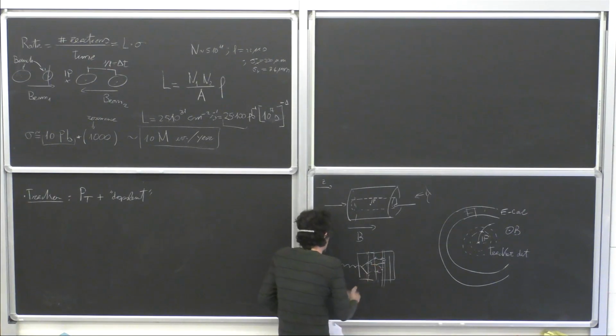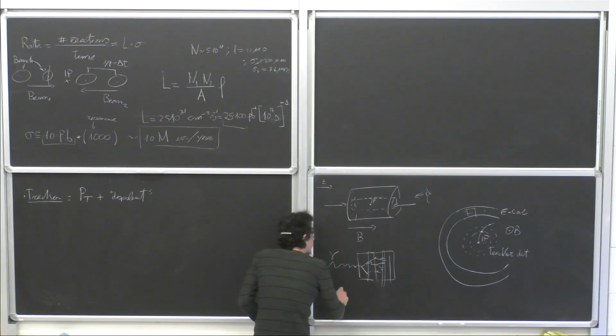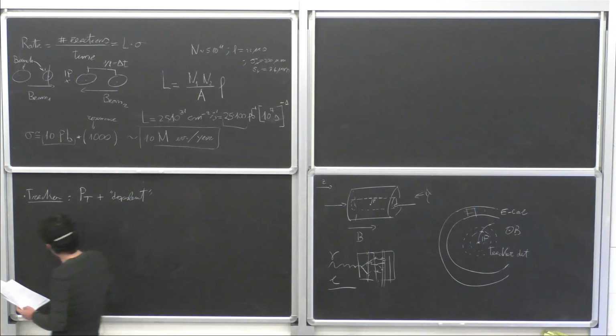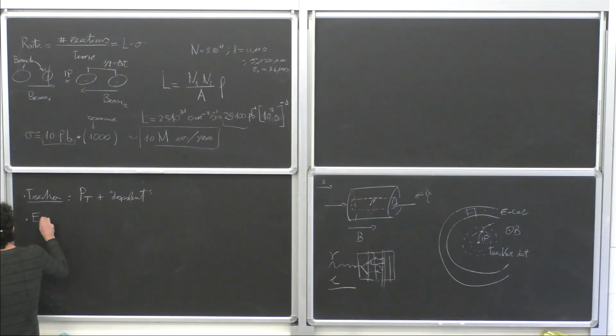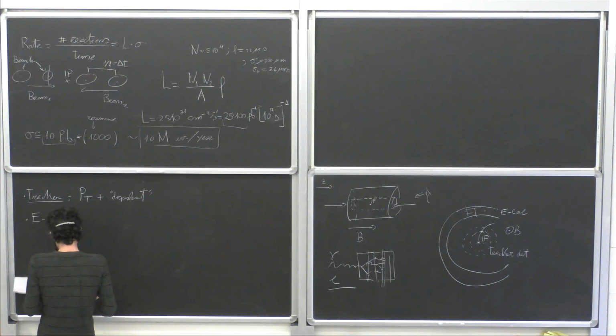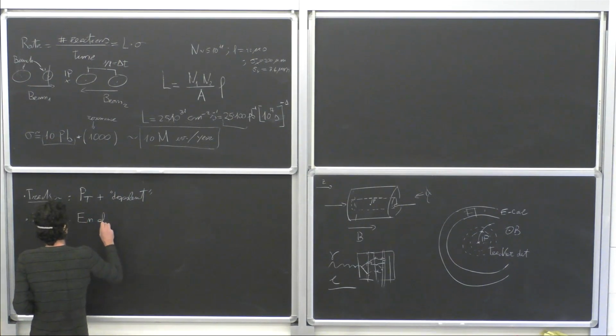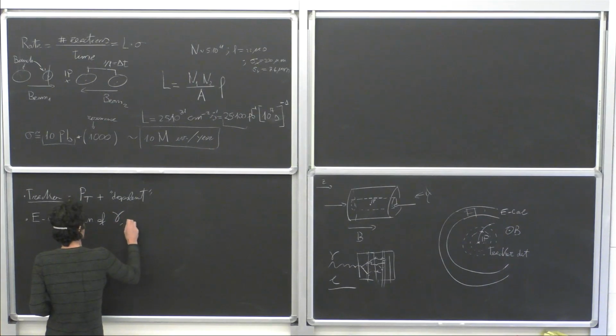And so from here, you measure the energy of photons, but also measure the energy of electrons that go through a similar electromagnetic showering. So the ECAL measures essentially energy of photons and electrons.